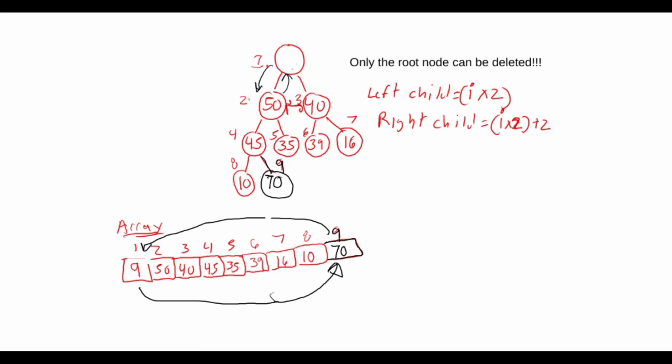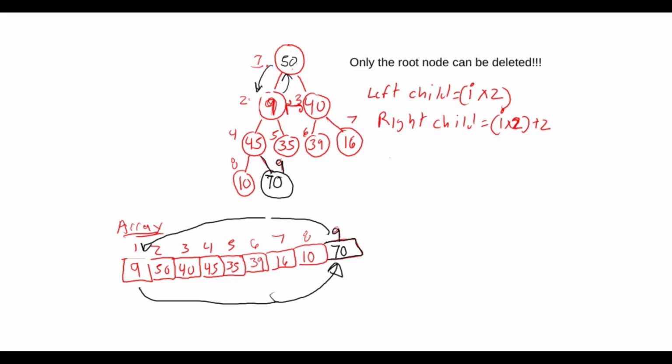Now 50 is the root node. Let's make this here 9. Okay, that looks like a 9.